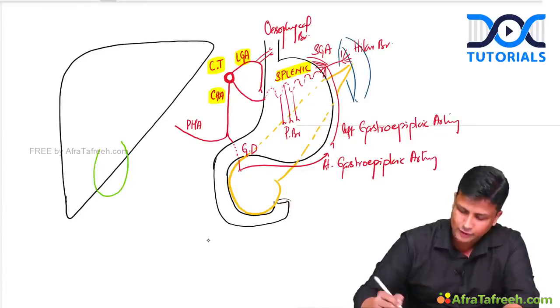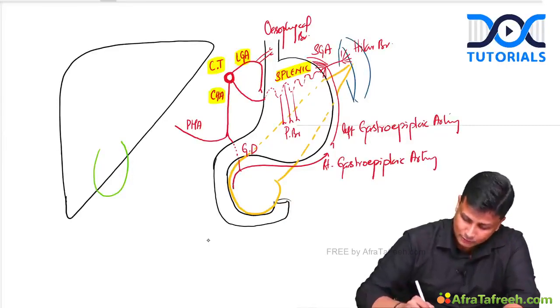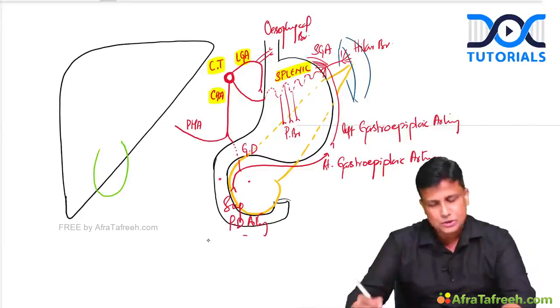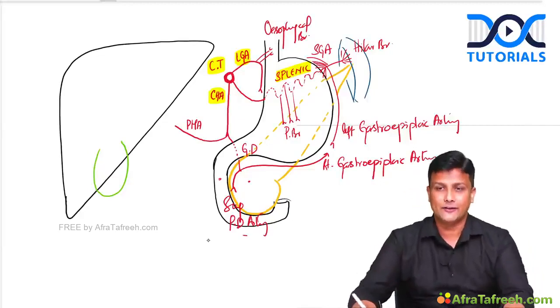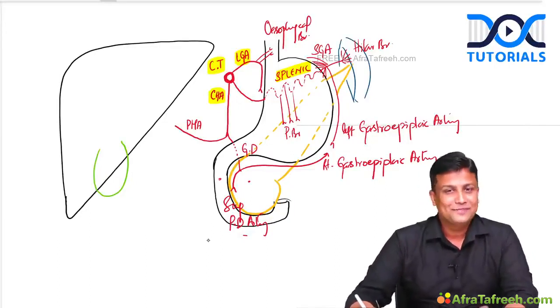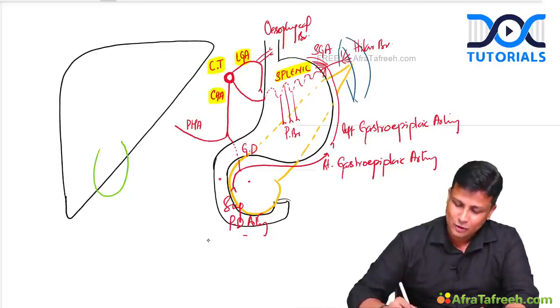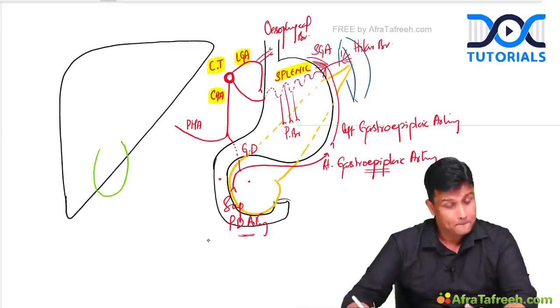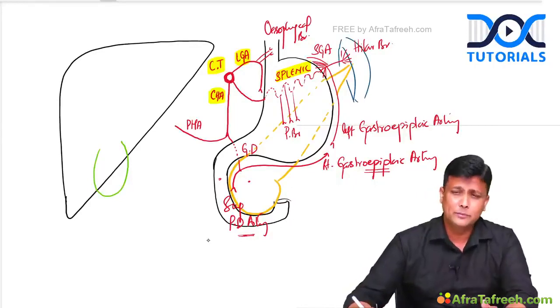And it will also give one more branch here between the pancreas and the duodenum, and that is the superior pancreatico-duodenal artery. Okay, so the gastroduodenal artery will be dividing into two branches, the right gastroepiploic artery and the superior pancreatico-duodenal artery. Done.